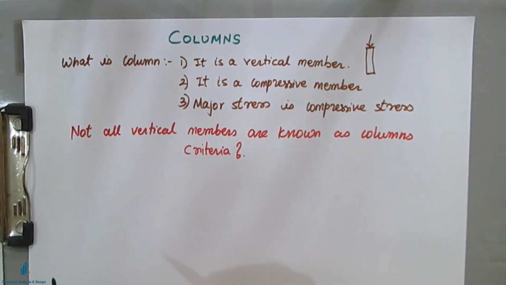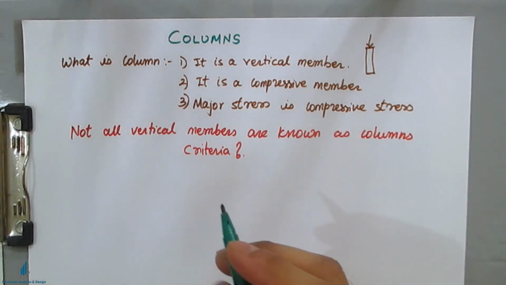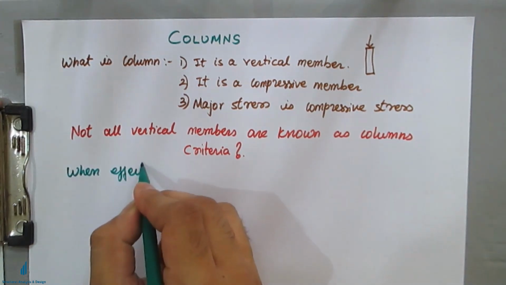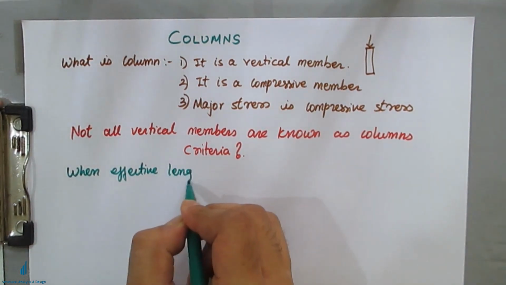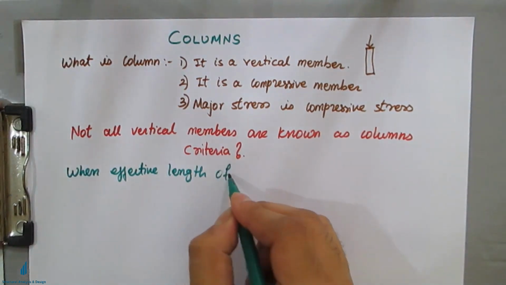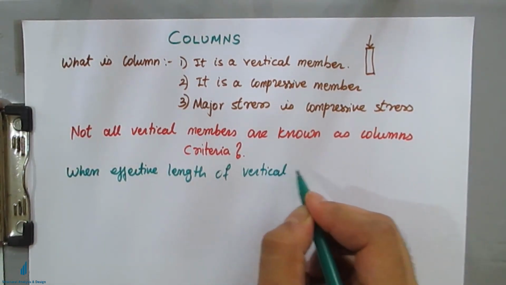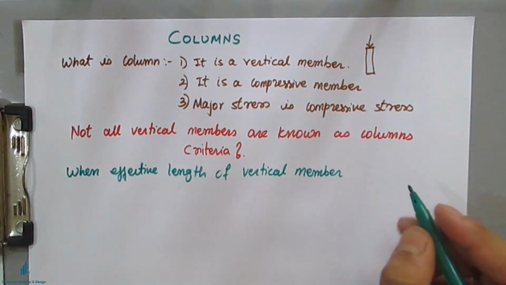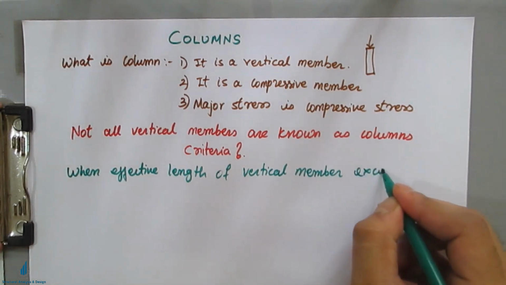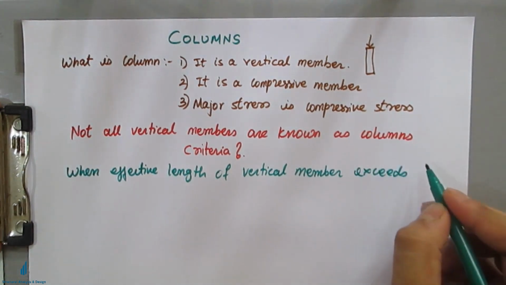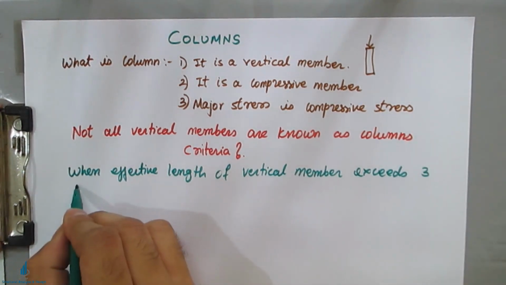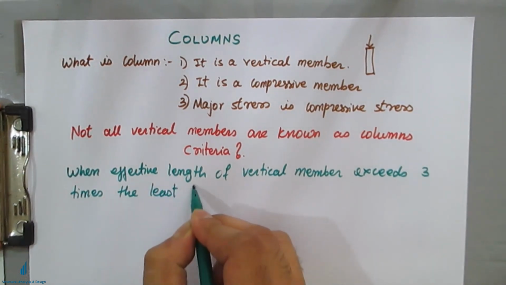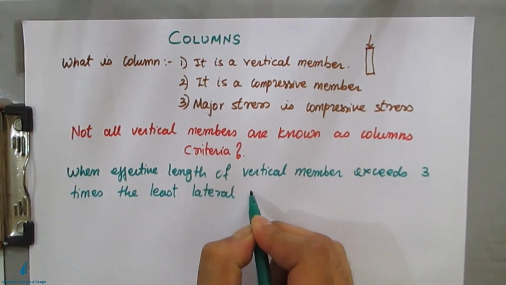That criteria is nothing but, when the effective length of a vertical member exceeds 3 times the least lateral dimension.